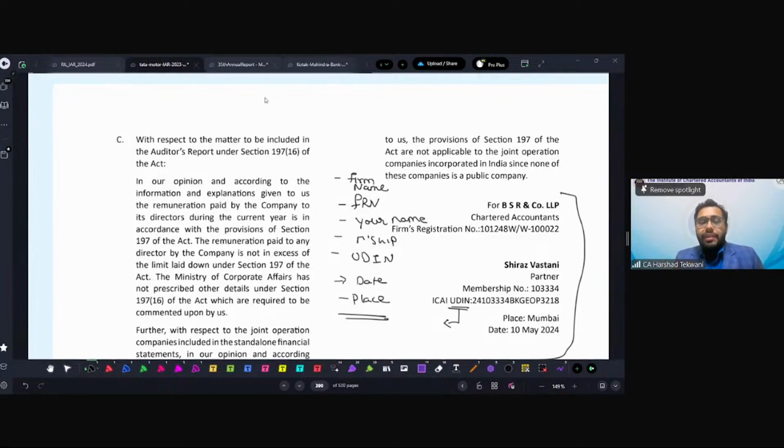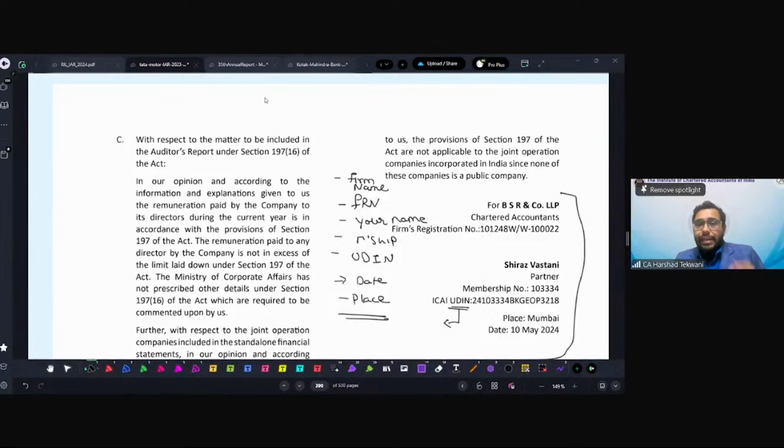So SA 700 is drafted in such a way that if there is a scenario in the future or also now where the law prescribes the specific layout or the wording of the audit report, then the following are the details that you are required to check should be there in your audit report at minimum.